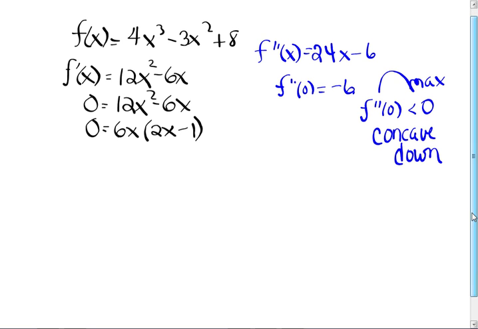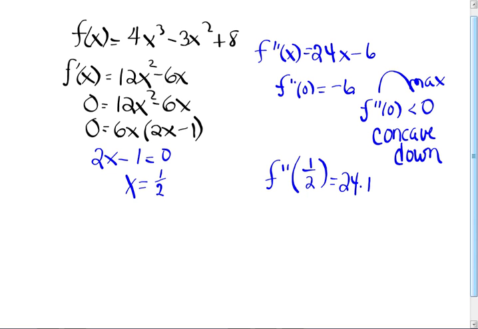Okay. What's f double prime? Oh, where's the other 0? Yes, there is. 2x minus 1 is 0. X equals 1 half. So let's evaluate that at 1 half. So it's 24 times a half minus 6.